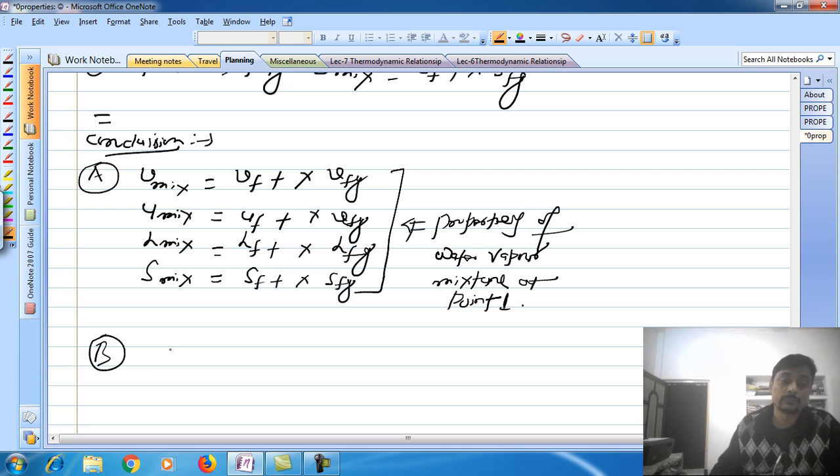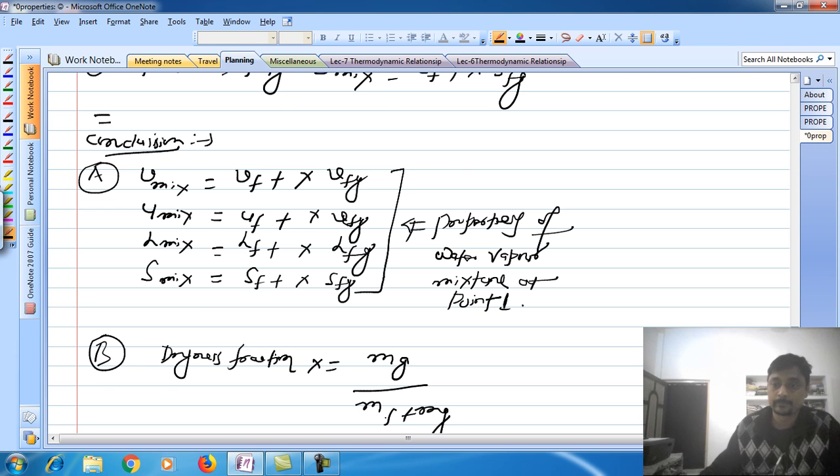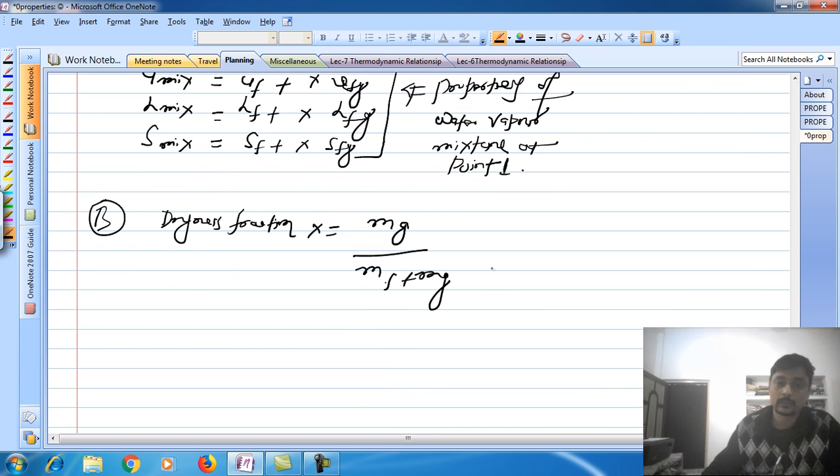Next conclusion, we have found the dryness fraction x is equal to the mass of vapor divided by the mass of liquid plus mass of vapor, where this dryness fraction lies between 0 and 1.